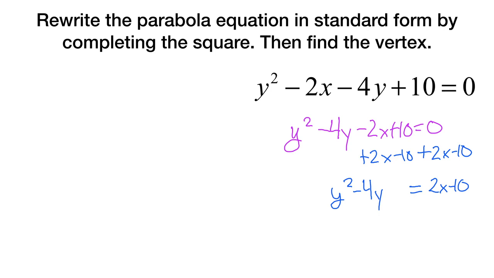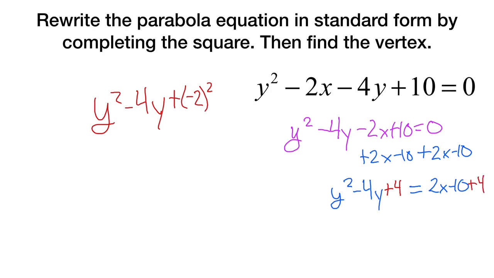Now I have to complete the square. So y squared minus 4y. I need two numbers that are the same and add up to negative 4. So that would be negative 2 and negative 2. So it becomes plus negative 2 squared, so plus 4.